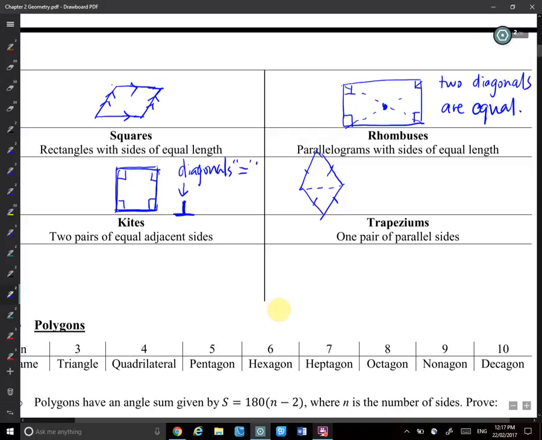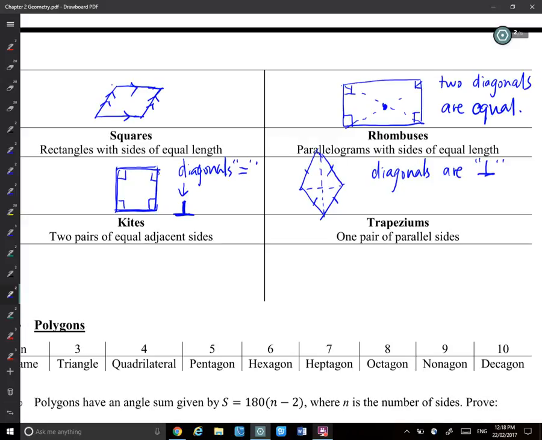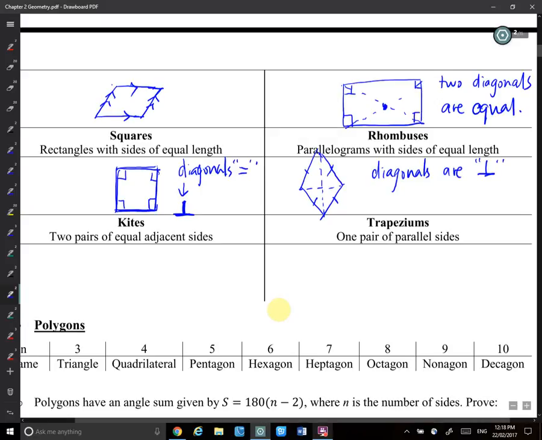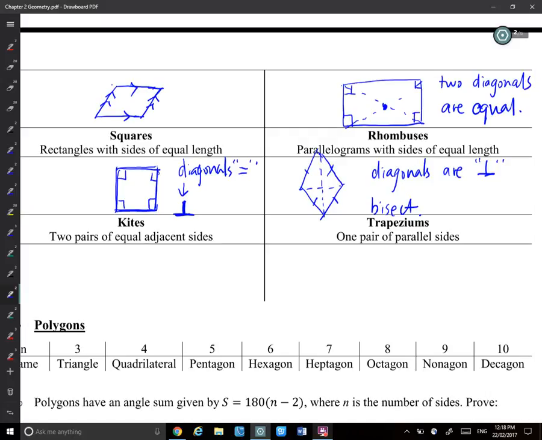The important thing is that the diagonals are perpendicular to each other, and the diagonals bisect each other, cut in half, exactly meeting at the middle points.